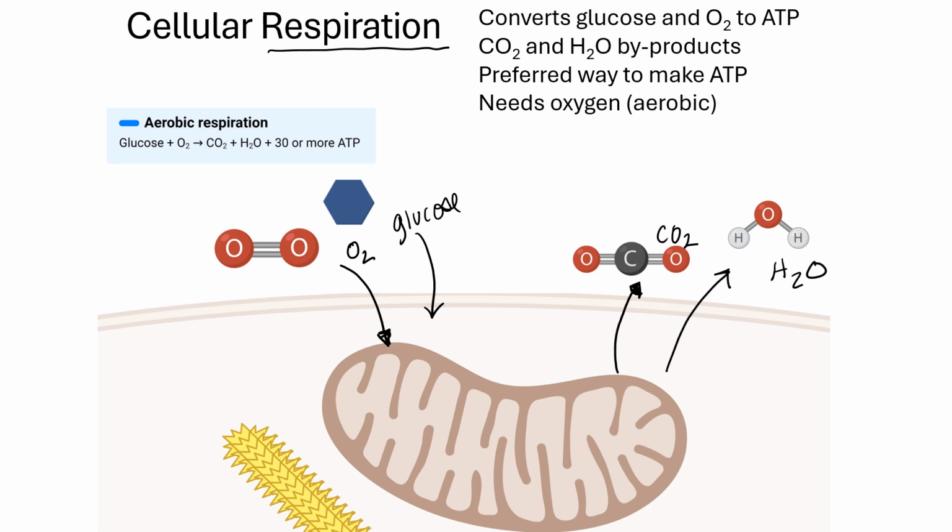Your cells need a constant supply of glucose and oxygen to continually make the ATP that is required for your heart to pump blood through your blood vessels, your diaphragm to contract for breathing, and so many other functions that just help you live. What I have here in this picture, this bean down here, is a mitochondria.